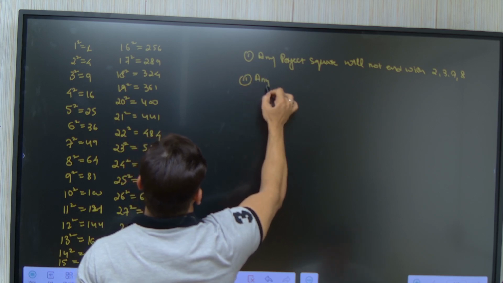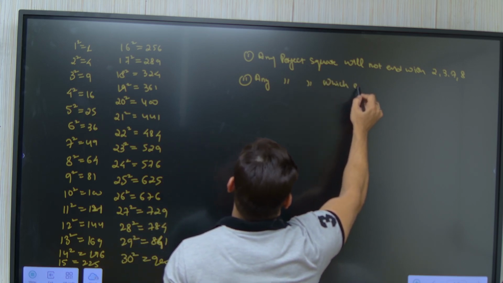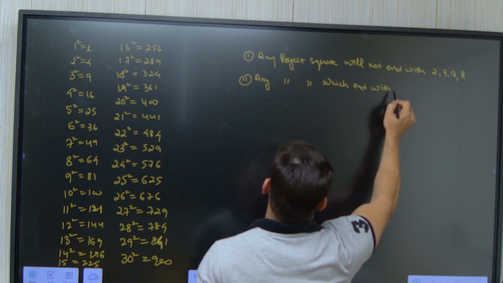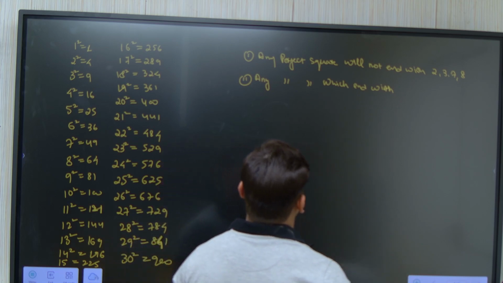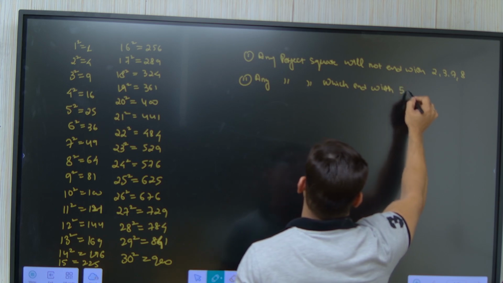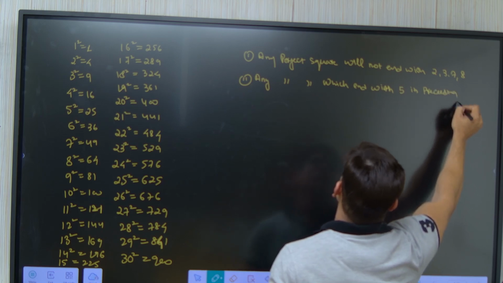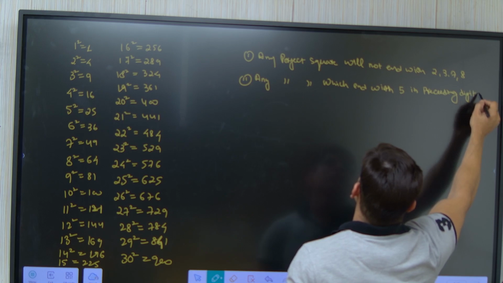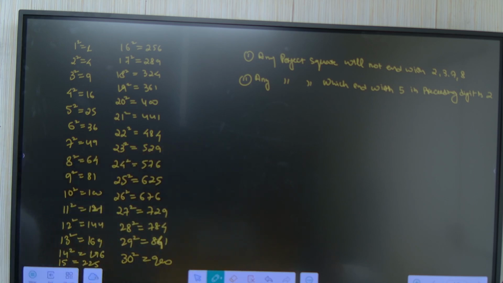Second, any perfect square which ends with 5, its preceding digit is 2. The digit just before the 5 in a perfect square ending with 5 is always 2.